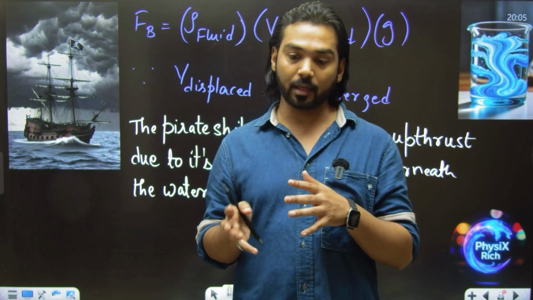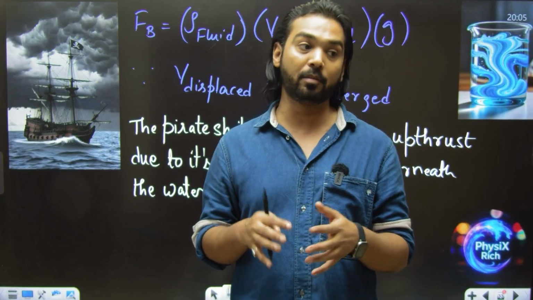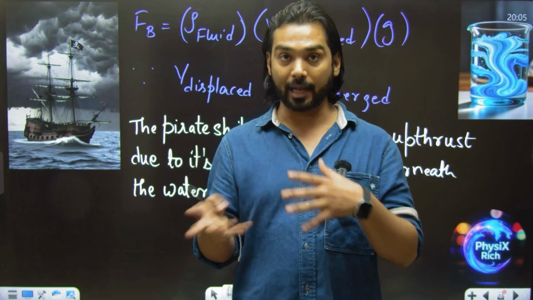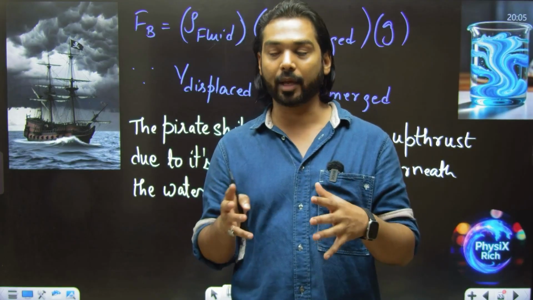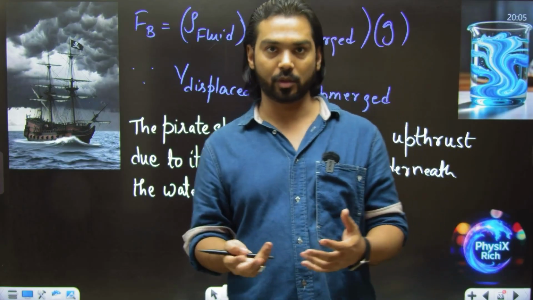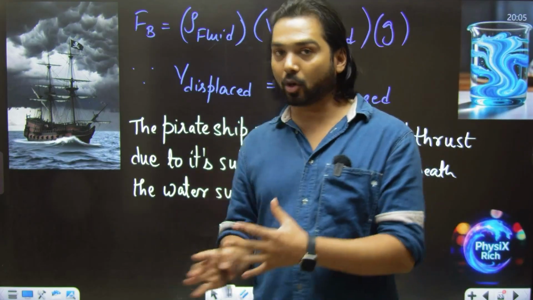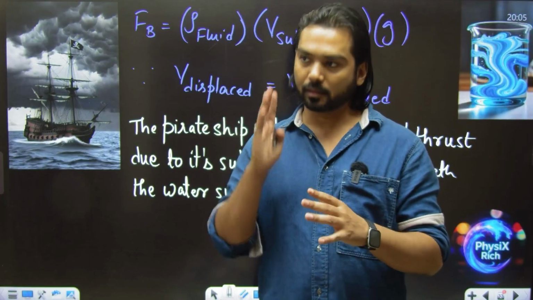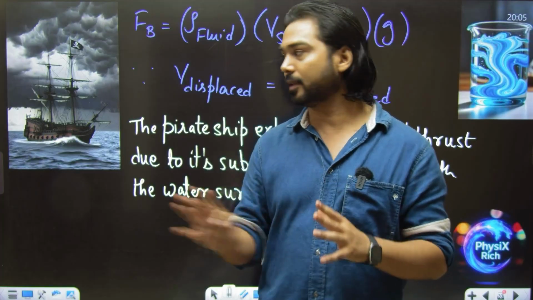It can sometimes be displacing even more weight of water than its own weight, like in the case of tilting. In that case, it can experience a different kind of buoyant force, but it stays stable because the buoyant force is more or less equal to the weight that it has.